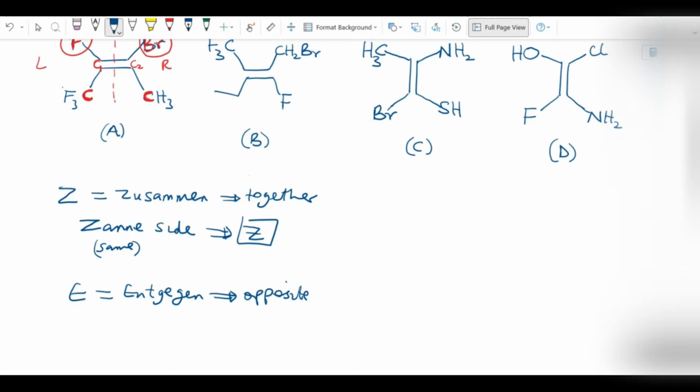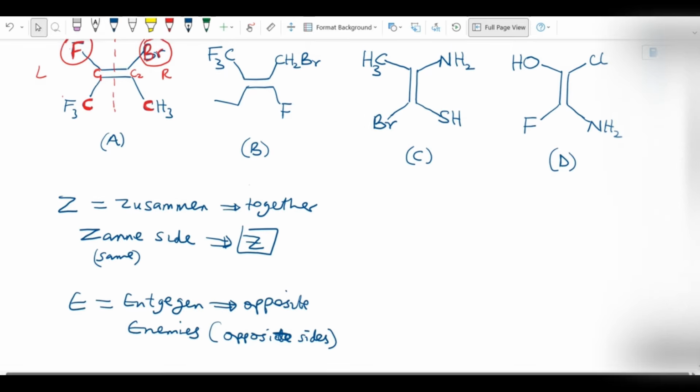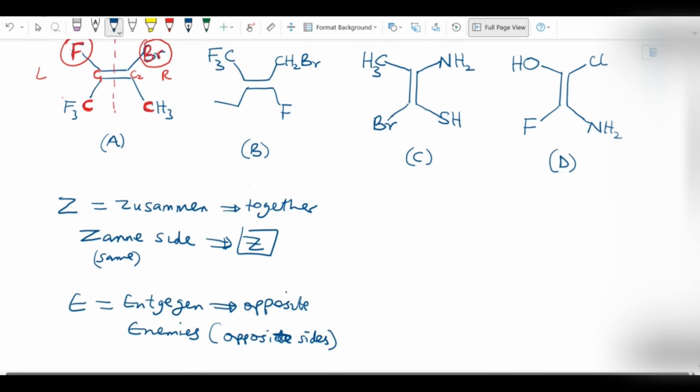The quick memory trick to help remember this is that E stands for enemies, and enemies are usually on opposite sides. So whenever the priority groups are opposite, we will assign E. And whenever they're on the same side, we'll assign Z.